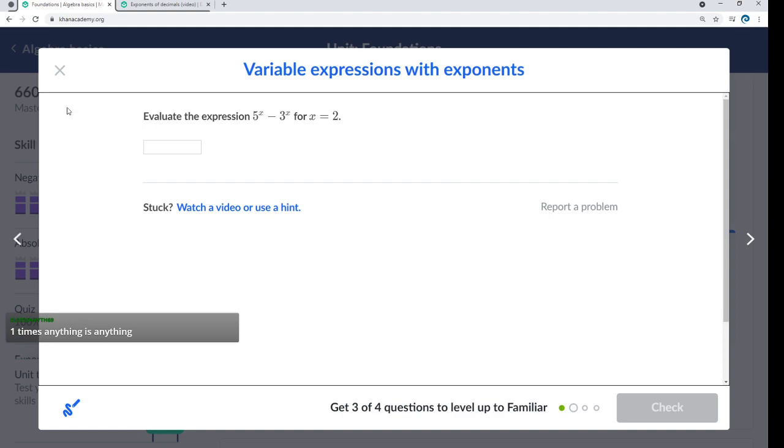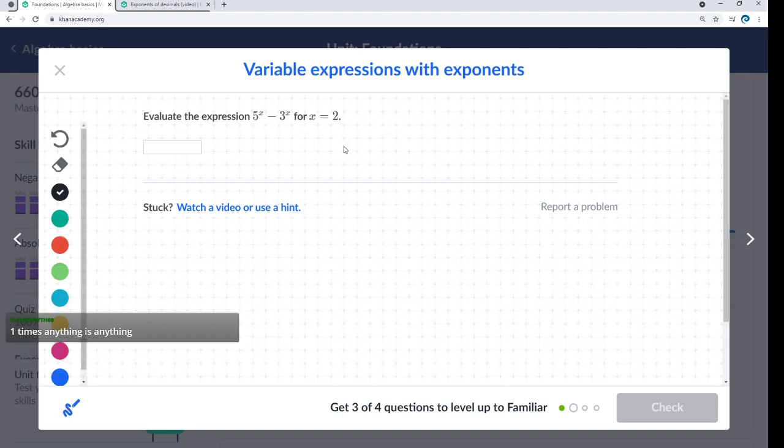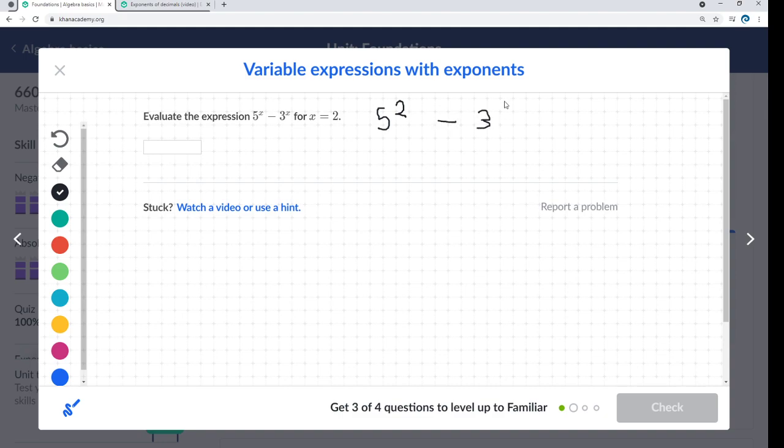Okay, evaluate the expression 5x minus 3x for x is equal to 2. Okay, so that means that we're at 5 to the second power minus 3 to the second power, right? And so this is 5 times 5, which of course is not 10.